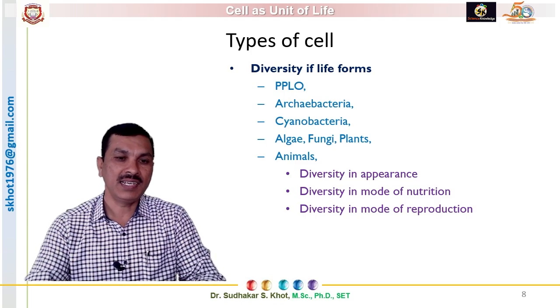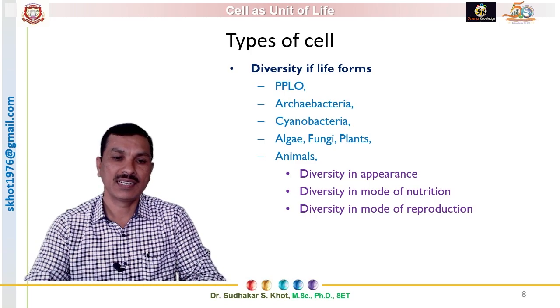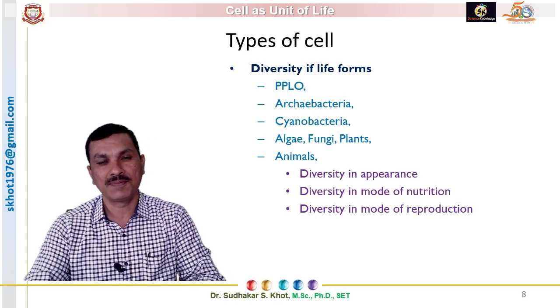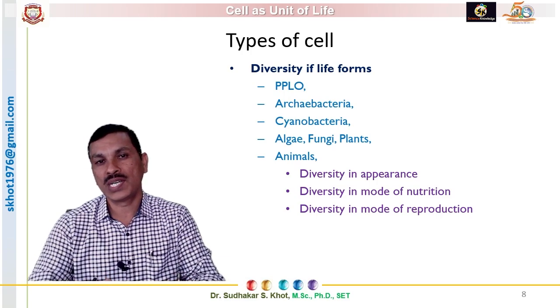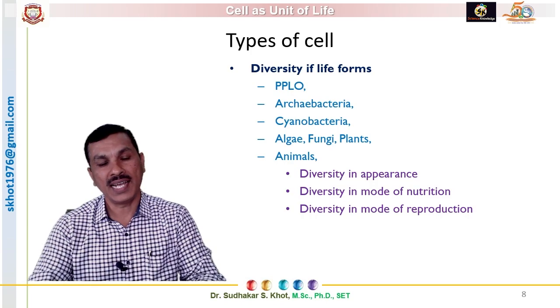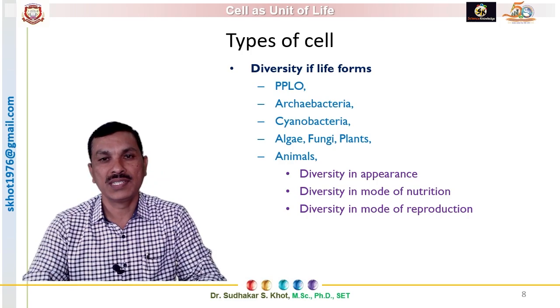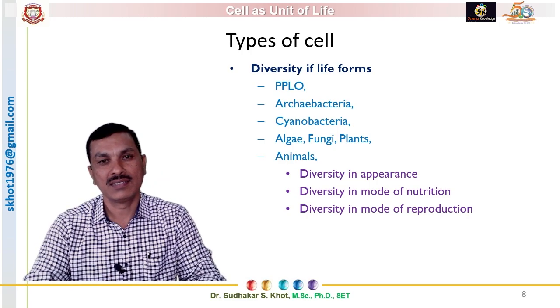The archaebacteria, cyanobacteria, which are filamentous or unicellular, the algae, fungi, various kinds of plants, and animals. So these are broad groups of organisms. But again, the question is the same: whether all these life forms are made up of one kind of cell.